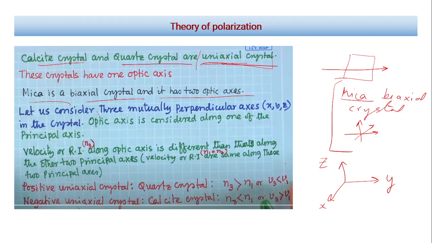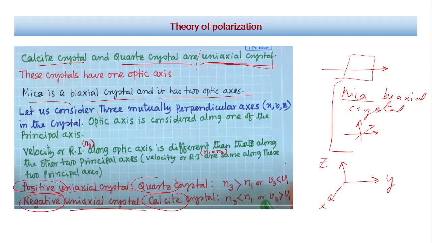Now these two crystals, calcite and quartz, are both uniaxial crystals of course, but still there is a difference between them, because one of them, quartz, is called a positive uniaxial crystal, whereas the other, calcite, is called a negative uniaxial crystal. So what do we mean by positive and negative uniaxial crystal?